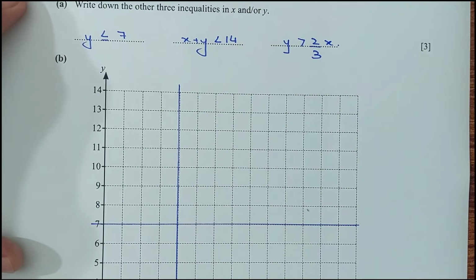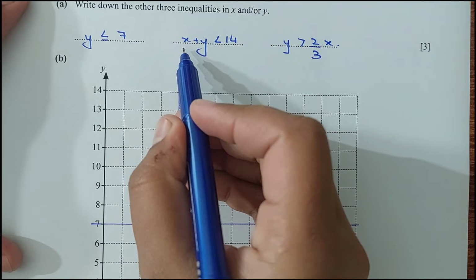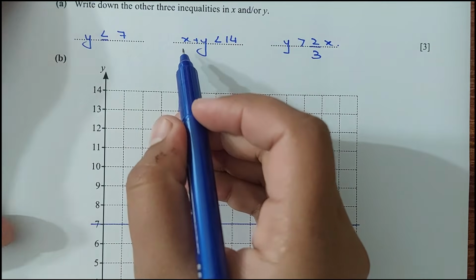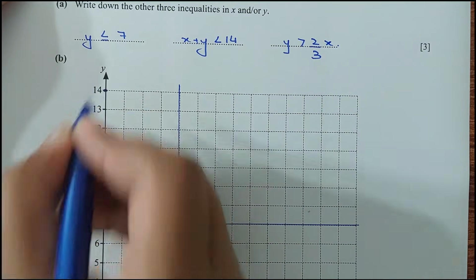Now the next is x plus y equals 14. To graph this, we are working on intercepts. The x-intercept is 14, the y-intercept is also 14, so it is a straight line.